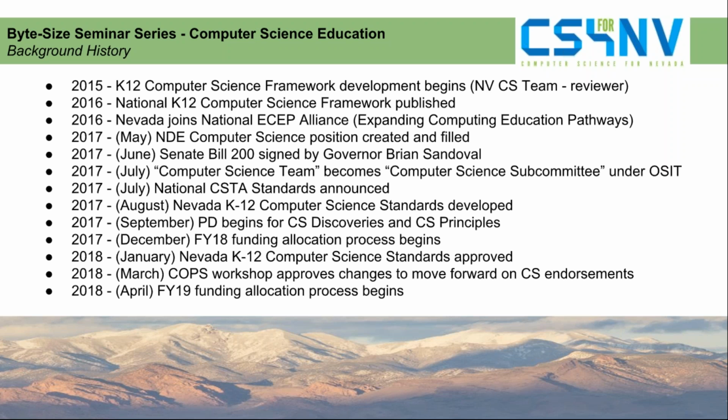And then in March, last month, the COPS workshop, the Commission on Professional Standards, approved changes for the computer science endorsements. So that's moving forward in the process. And then finally, this month, began the funding allocation process for FY19. And so we have that next allocation coming through.